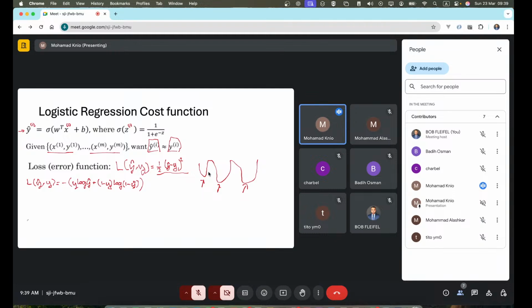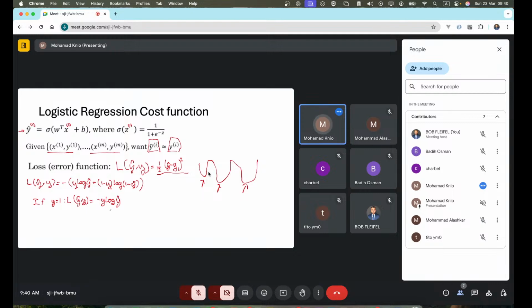Here we can say that, because we're trying to optimize it as much as possible, if y equals 1, then in the loss function, this would be 1 minus 1, which is 0, so that term would be cancelled out, and it would just be minus y log y hat.